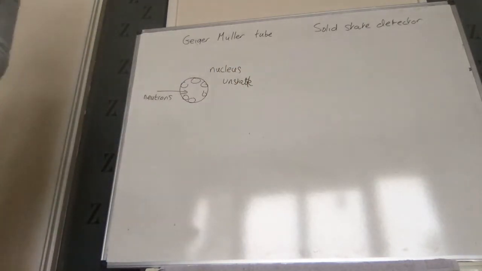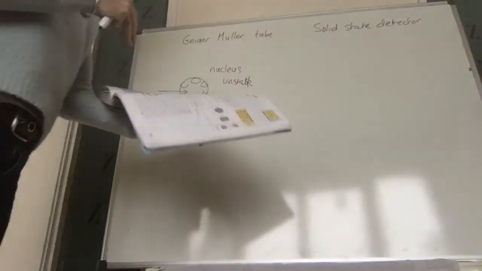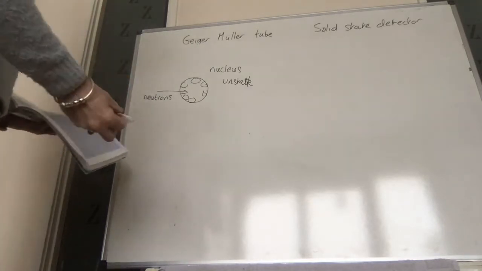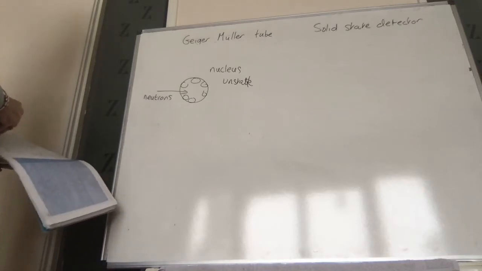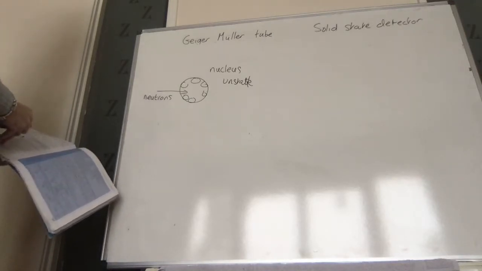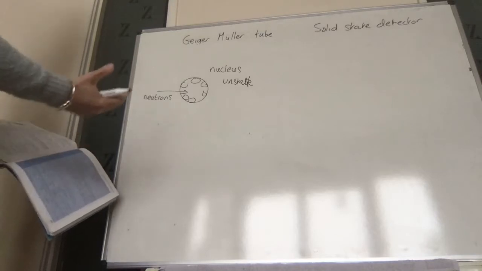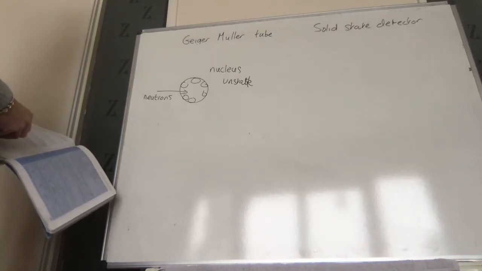Okay. Now, what are the uses of radioactive elements? The list is in your book anyway, so I'm just going to read them out and explain them. Medical imaging: you can put short-lived isotopes into a particular organ of your body, and then you can see an image of the organ based on the radiation given off from those radioactive isotopes.